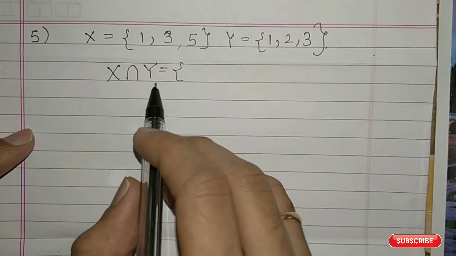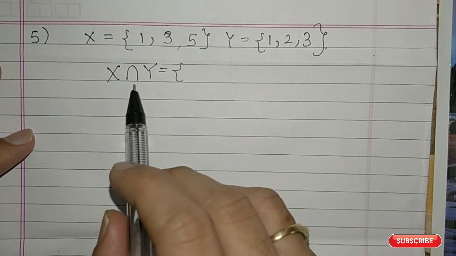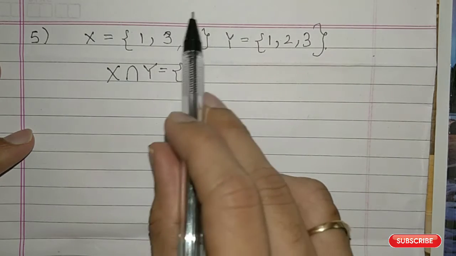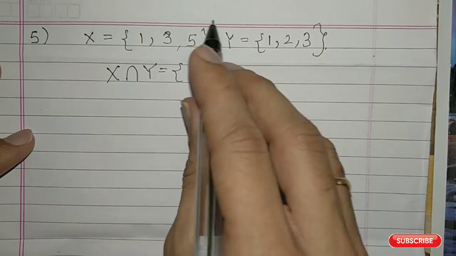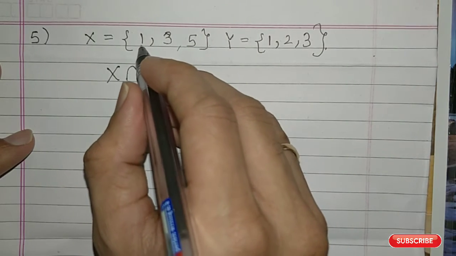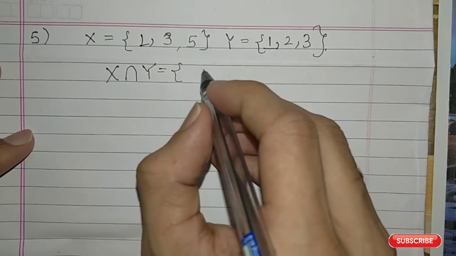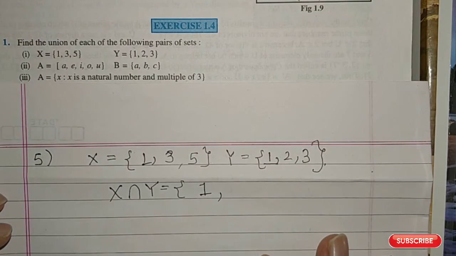So x intersection y is what? x intersection y means you have to take all the elements of x and y which are common to both the sets. Now 1 is common for x and y, so 1 will be in the set x intersection y.